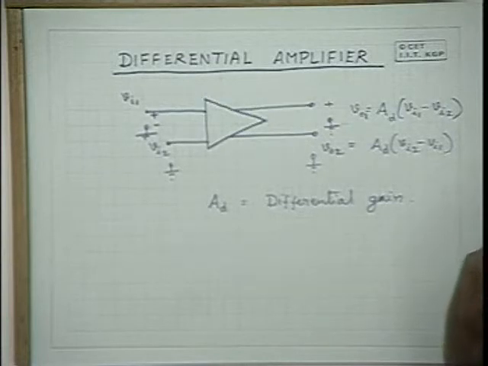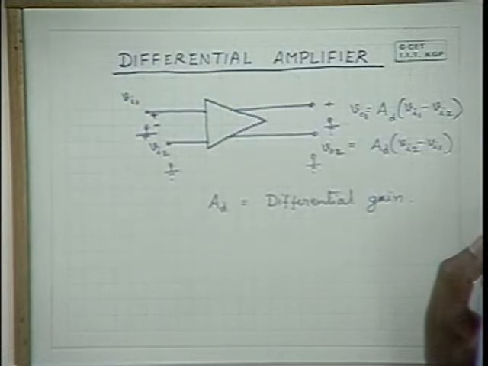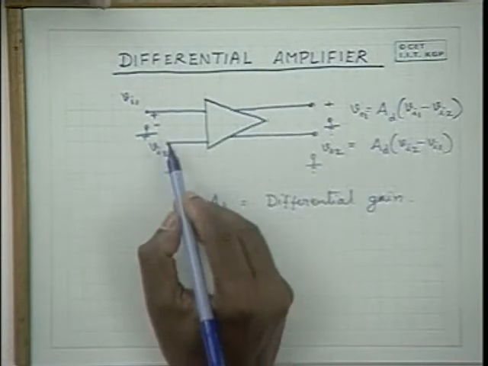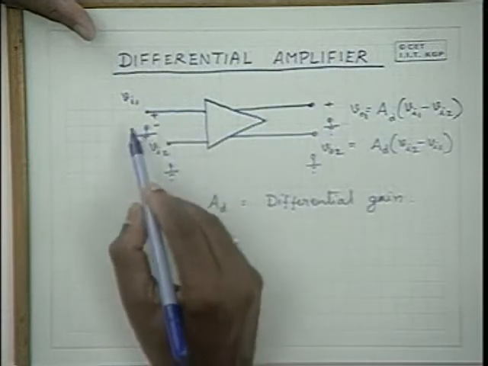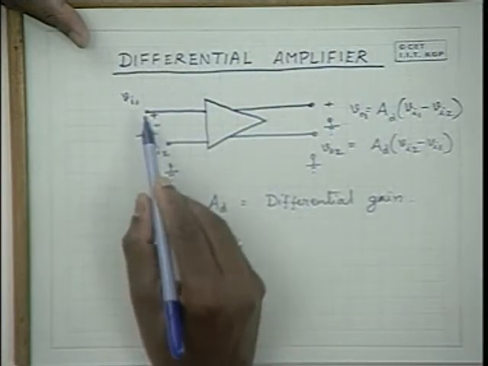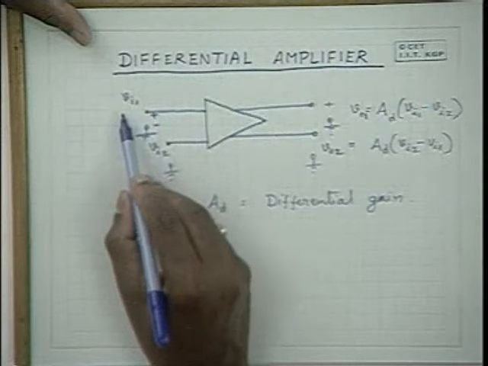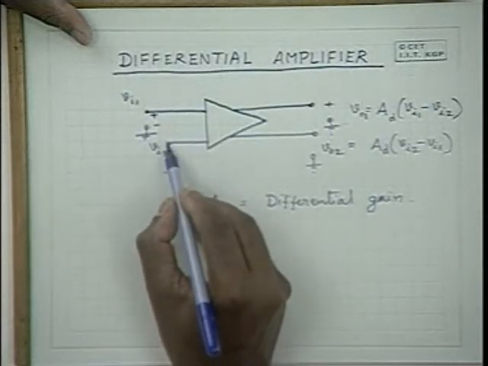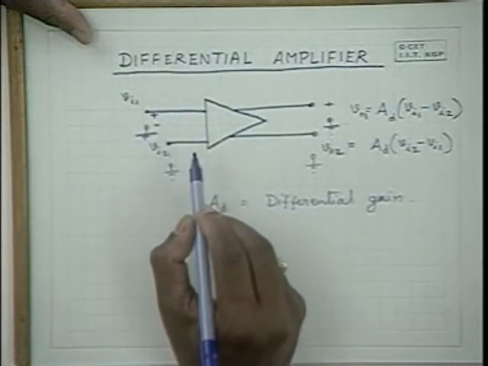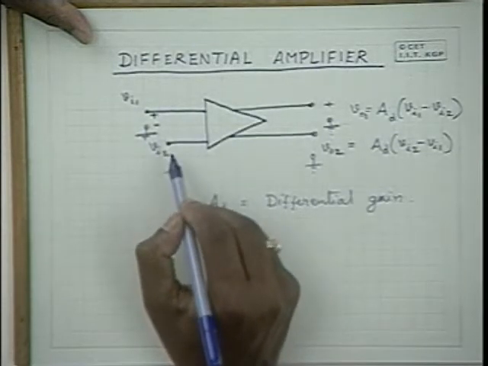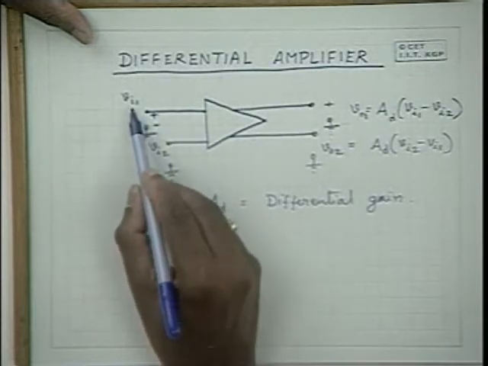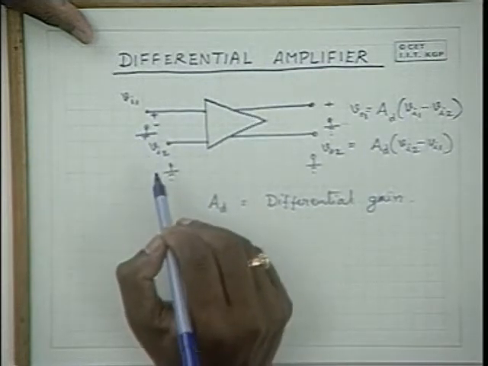A differential amplifier can be used as a single-ended system or a double-ended system. That means you can ground one of the terminals and apply an input to the other, say terminal 1, and then connect terminal 2 to the ground. Then the voltage at terminal 2 is 0 and the difference signal is naturally Vi1 minus 0, equal to Vi1.